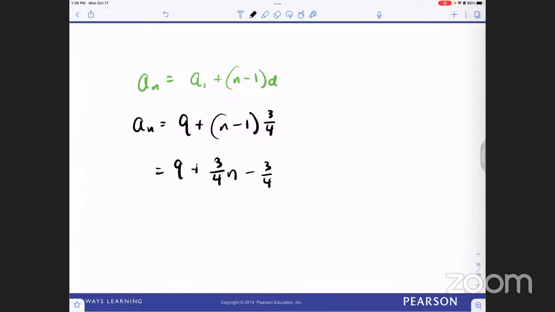Okay. 3 over 4 times n plus 33 over 4. So what is that, like 8 1/4? Yeah, 33 over 4. Okay. So that's our nth term: 3/4 n plus 33 over 4.